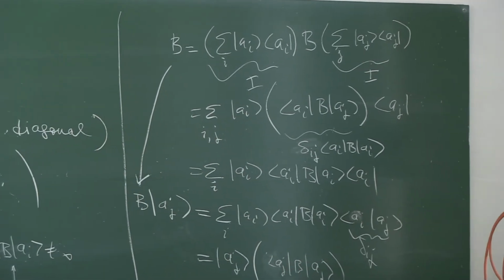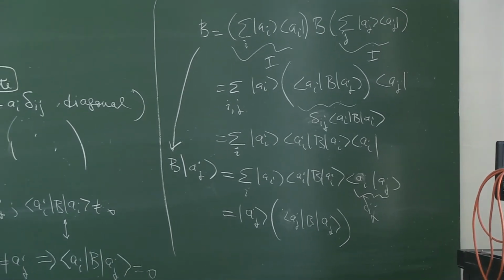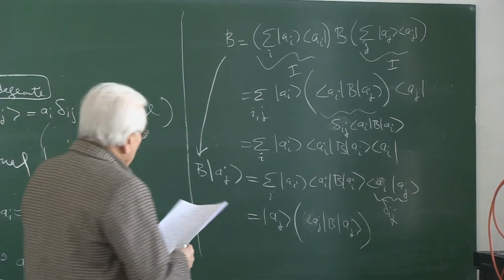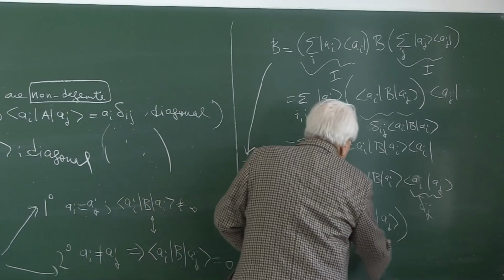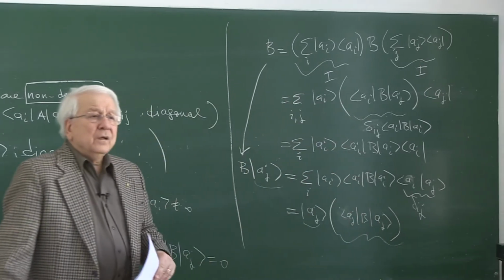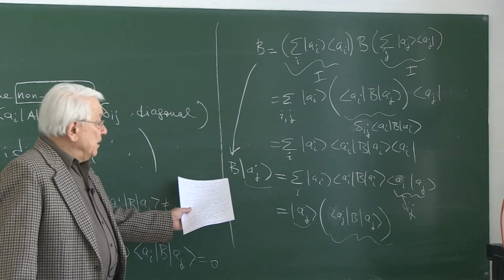So what did I get? I get an eigenvalue equation, really. Well, we were expecting to get this, right? Notice that B is acting on a_j, reproducing a_j times a number. That number is the eigenvalue.